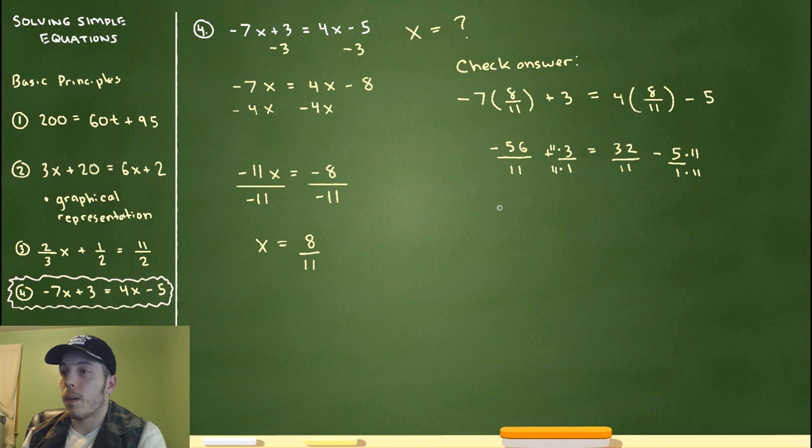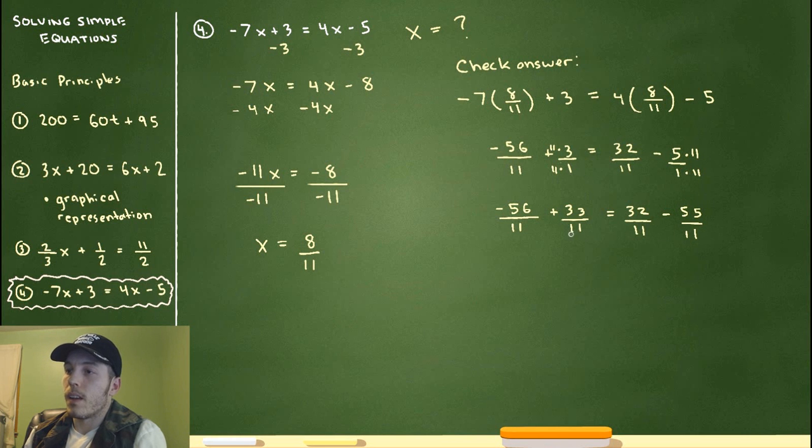So now our new statement becomes negative 56 over 11 plus, now this will be 33 over 11. We want to see if this is equal to, now this is 32 over 11, and this will become 55 over 11.